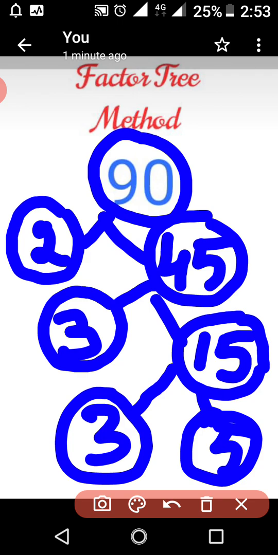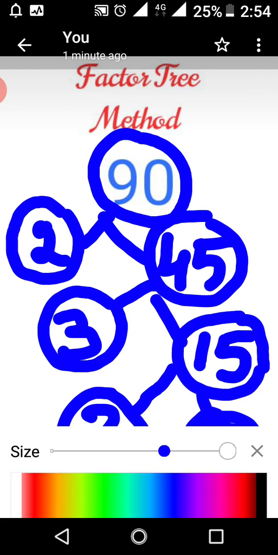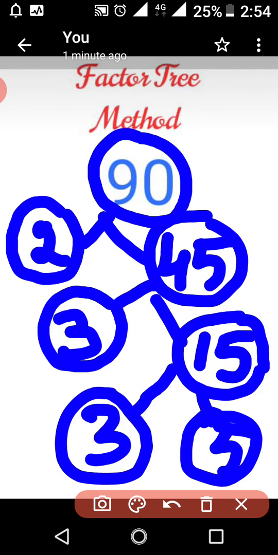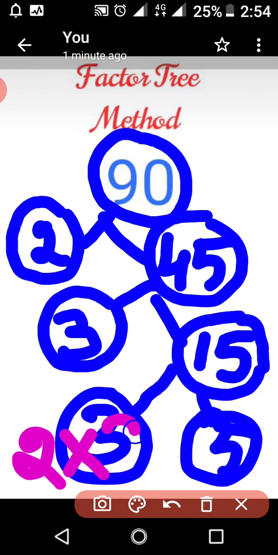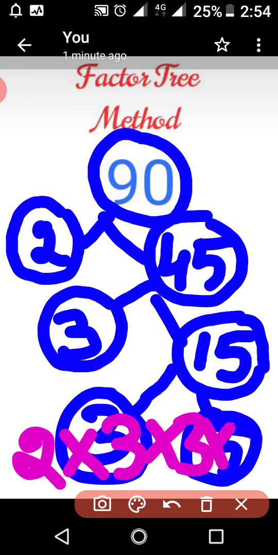This is the factor tree method. Now what are the prime factors of this 90? The factors of this 90 are, write this below the picture, 2 into 3 into 3 into 5.